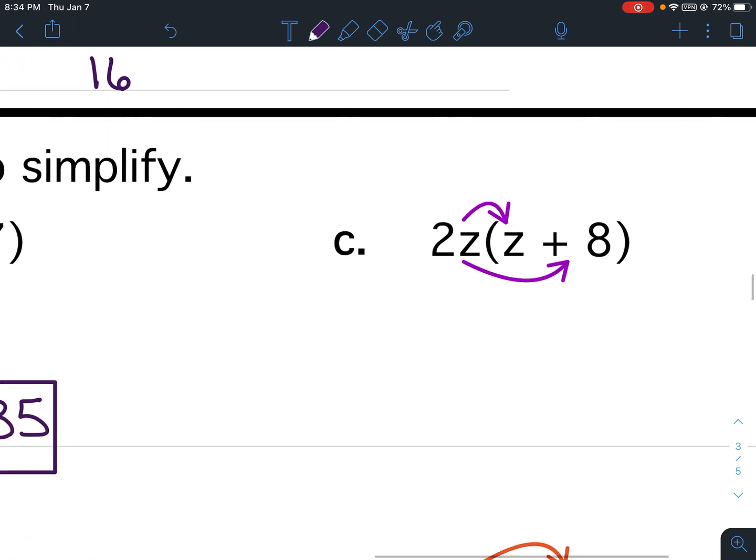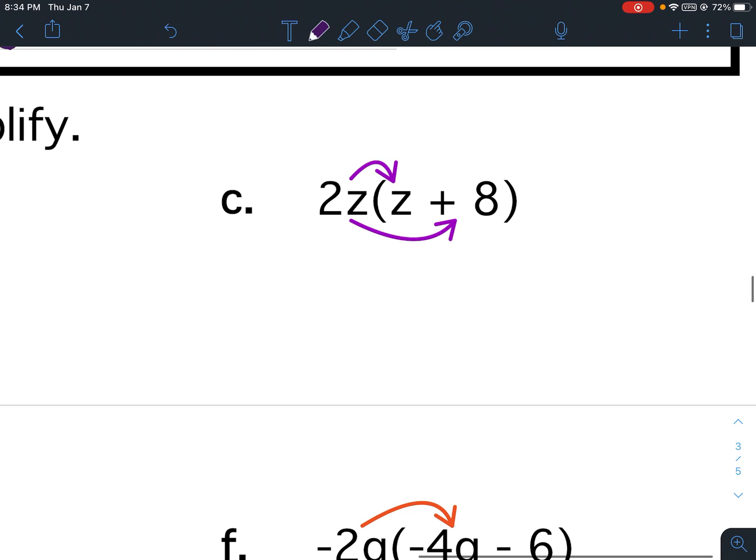C. Now this is a little different, but we've done this before. Remember when we had z and z? What do you get when you multiply z times z? Well, when you multiply variables, you add their exponents. So 1 plus 1 would give me z squared. So when I take 2z times z, 2 times 1 would give me 2, and z times z would give me z squared.